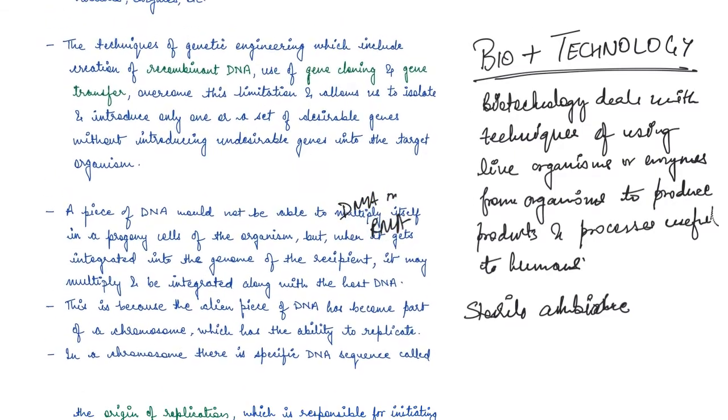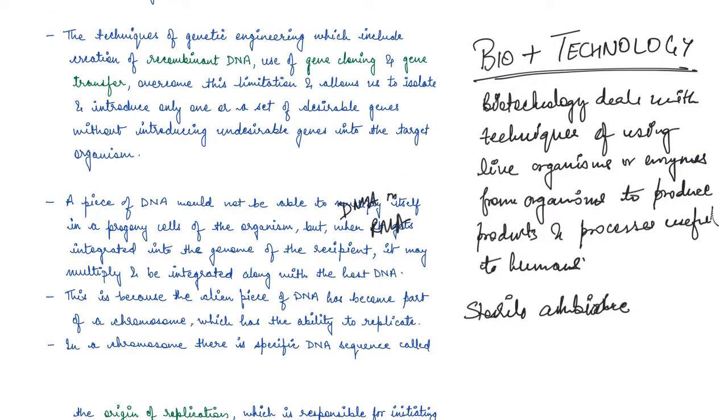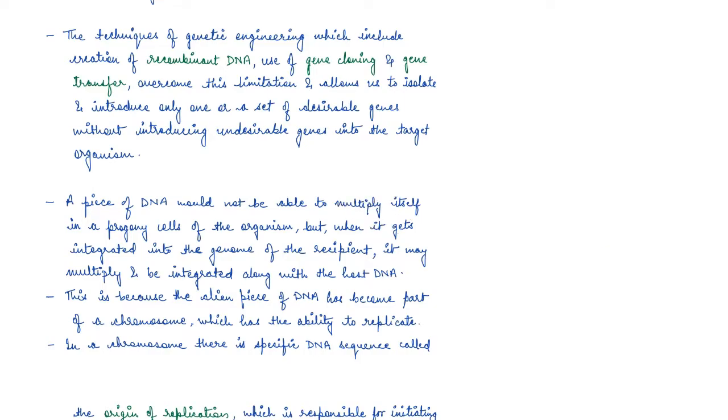So guys, the technique of genetic engineering includes creation of, say, recombinant DNA, or use of gene cloning or gene transfer. So basically, in genetic engineering, we recombine different DNAs, and we use gene cloning and transfer of the gene into the host, right?